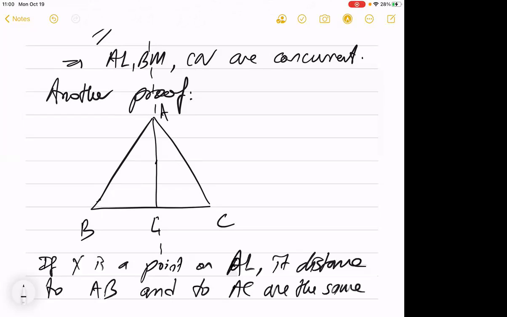Namely, when you take any point here, this length and that length are the same.